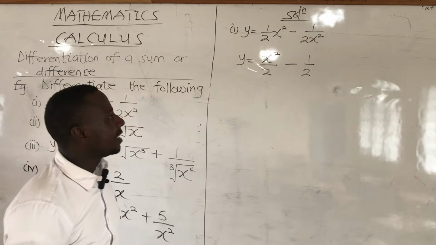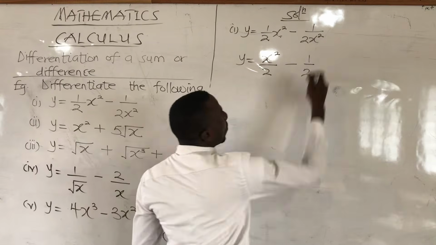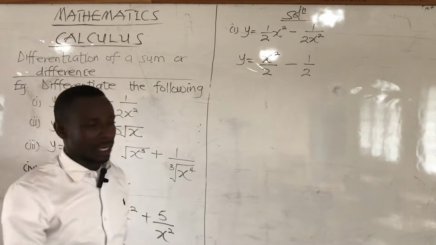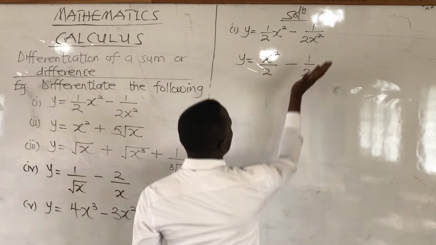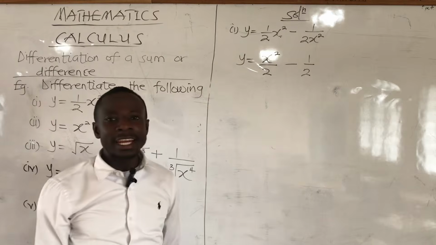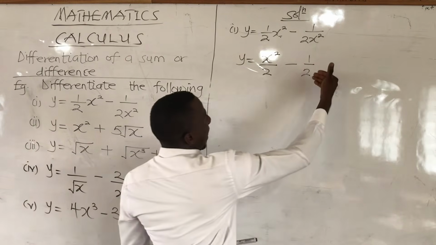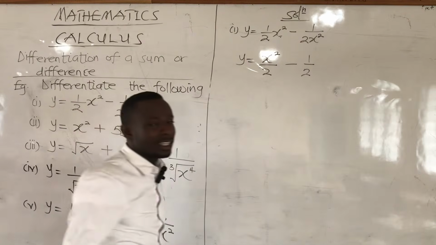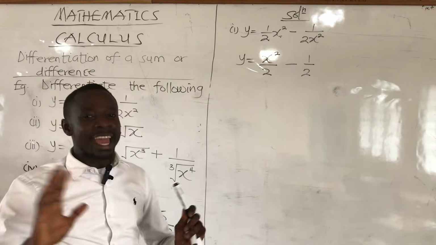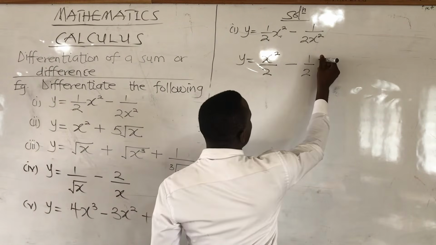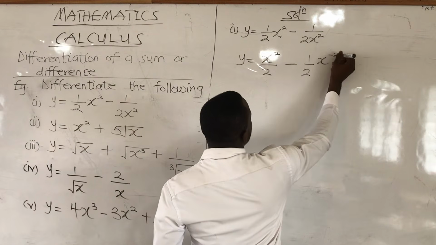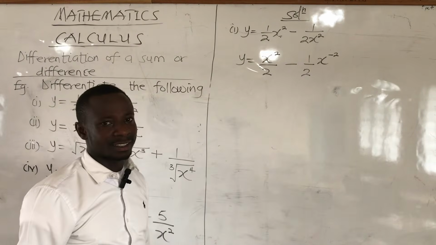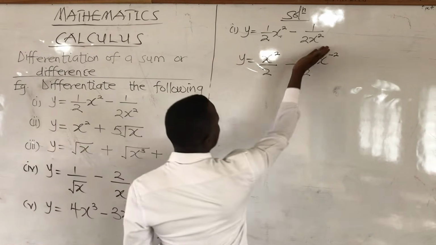Now, when you check the denominator, it contains x squared. So we are going to push this x squared up. So anytime you move a variable with an exponent upward, when you write it up there, you just negate the exponent. So here we are going to have x power negative 2 like this, because we are pushing it up there.